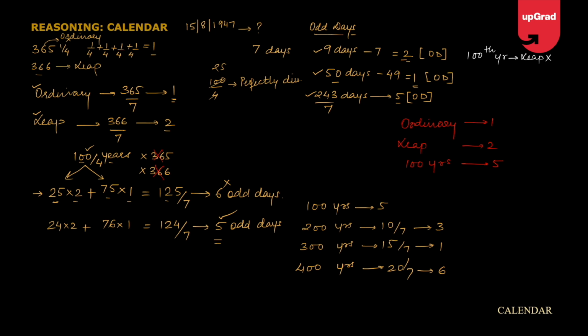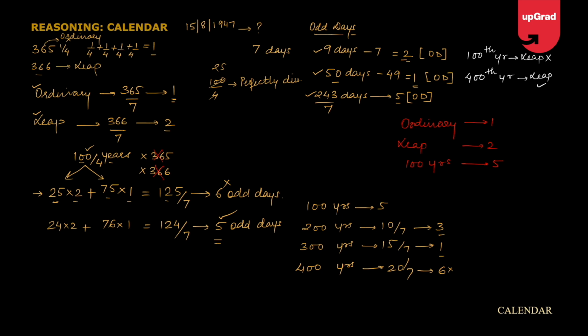So now if I ask you how many odd days we have in 200 years, your answer would be 3. How many odd days do we have in 300 years? Your answer would be 1. And how many odd days in 400 years? Your answer would not be 6. I'll tell you why. There is one more twist here, and that is the 400th year is a leap year.